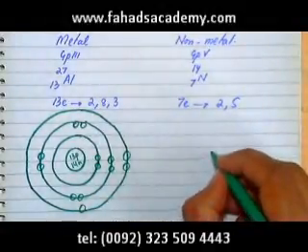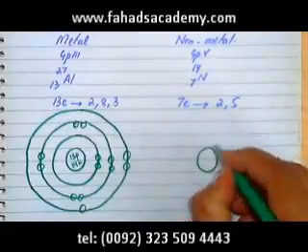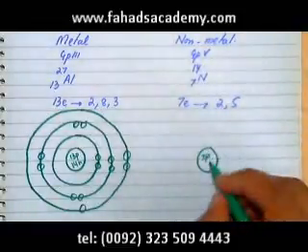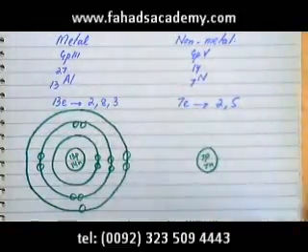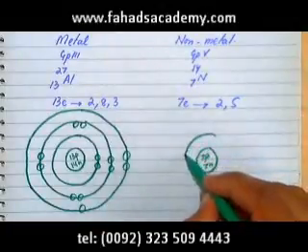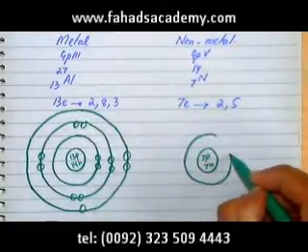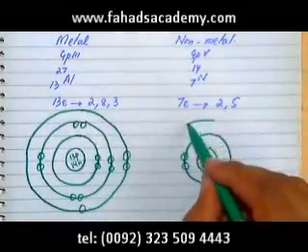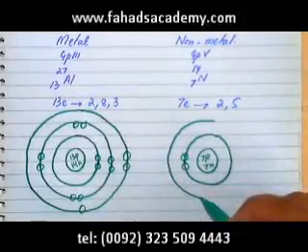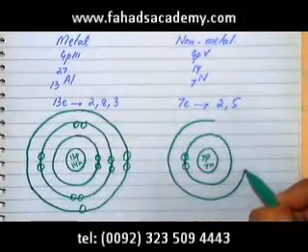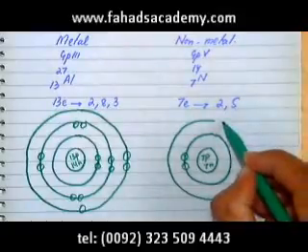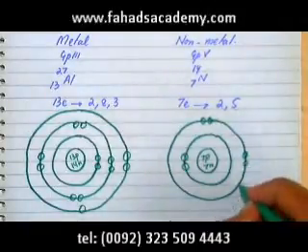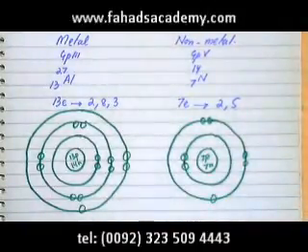Similarly for nitrogen, nitrogen has 7 protons, and 14 minus 7, that's also 7, so there are 7 neutrons in the nucleus of nitrogen. There would be 2 electrons in the first shell, and 5 electrons in the second shell.